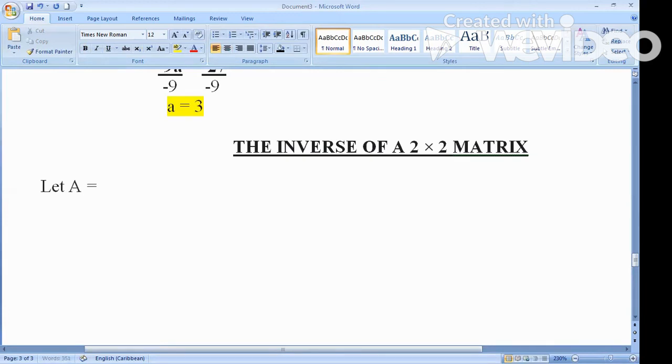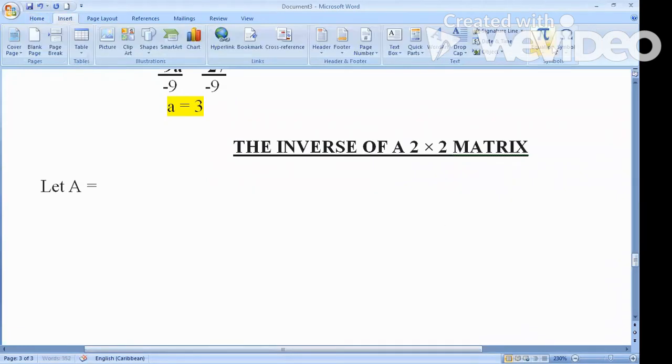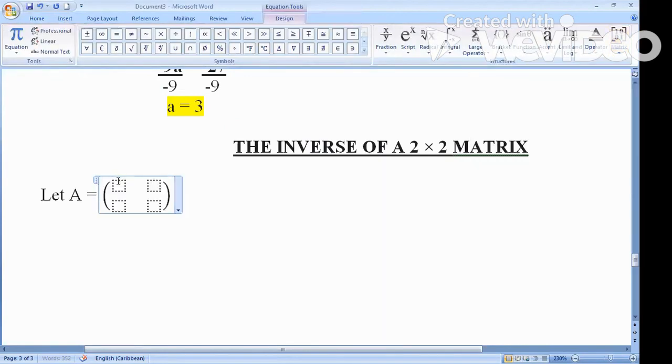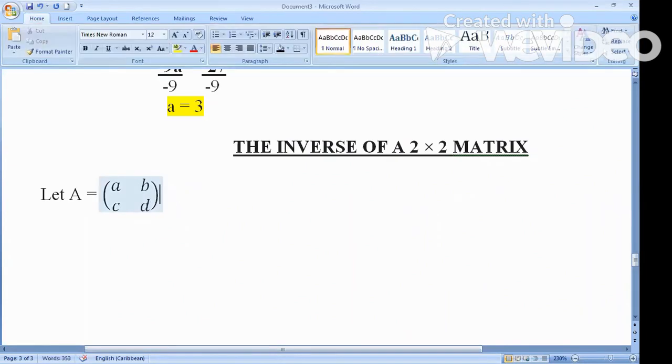Let's say we have a matrix A, and A is a, b, c, d. Then the inverse of A.